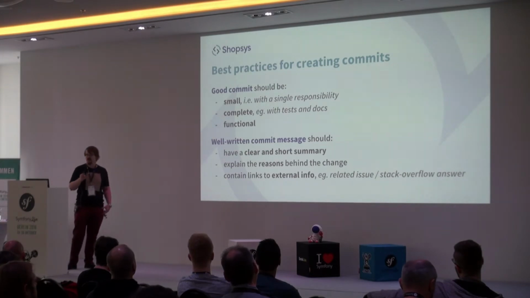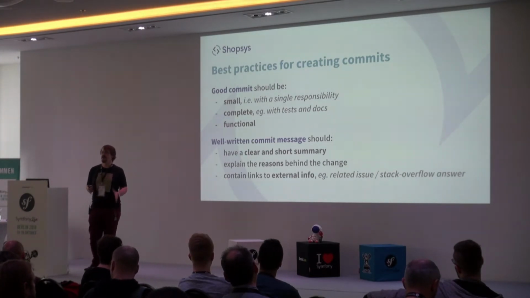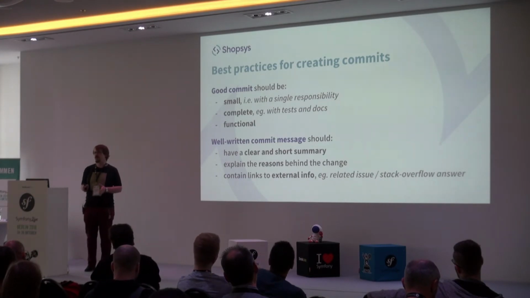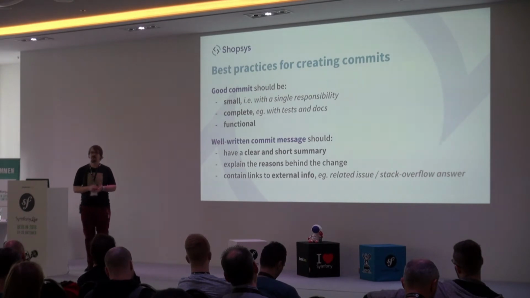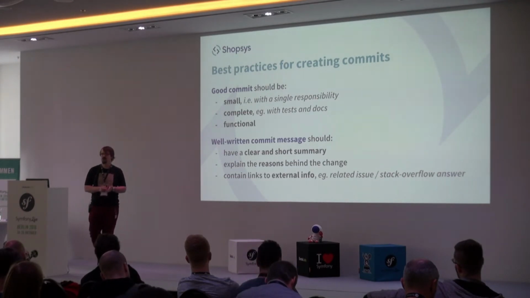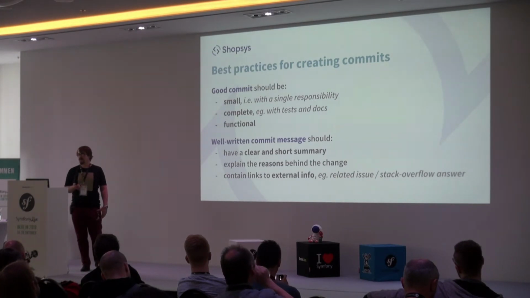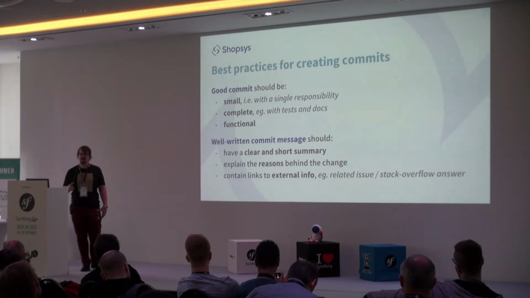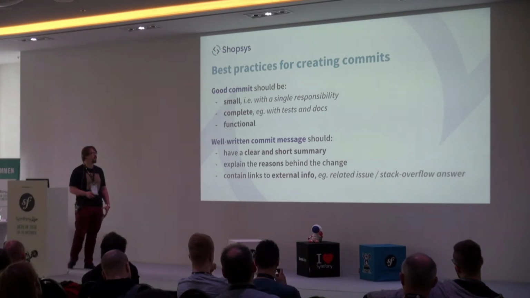And now about commit messages. A commit message should have a really short and clear summary on the first line. That's probably important. It should say why you are doing the change, where you're doing the change, and then you can really describe your reasons on the following lines.